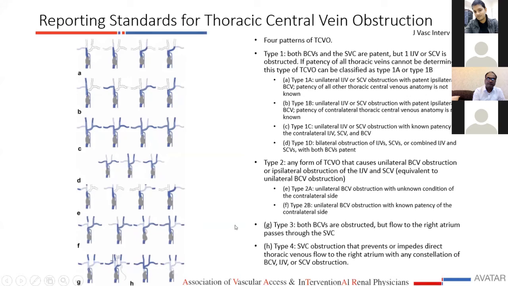So these are the ways in which one has to divide, because as I said, if you are going to do some venous mapping, then you will have to find out what sort of obstruction you are dealing with so that you can plan your therapy.